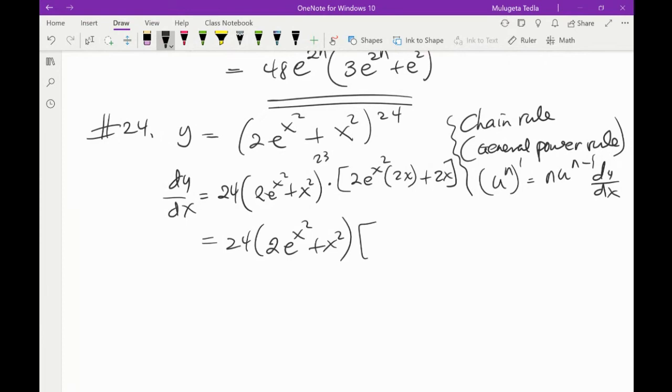In here I have what? 2x is common, and then 2e^(x^2) plus 1 is left, right? I see 2x here, 2x here. I can factor that.